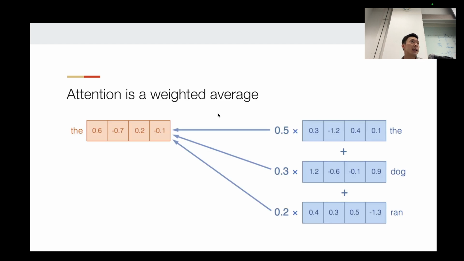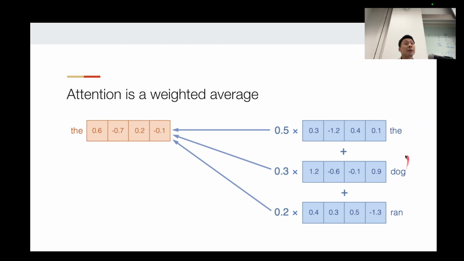And to implement this idea, an easy thing is to use a weighted average. That means to get the new embedding for a word in the sentence, let's say in the sentence the dog ran, to understand the word the, it needs to know what it is a determiner for, right?